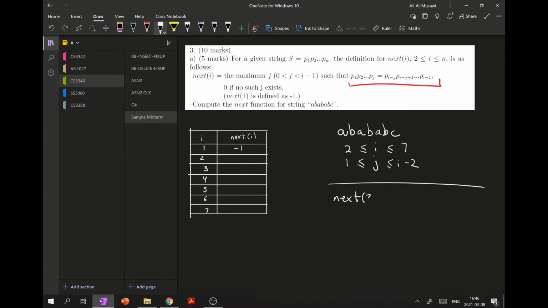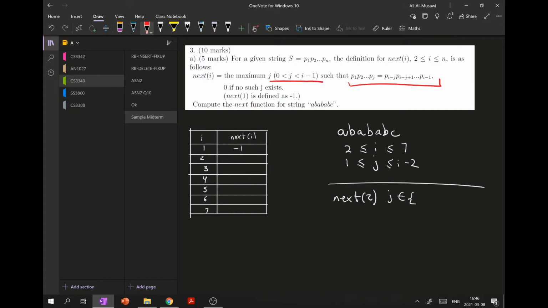Next of 2. With that, I can adopt this inequality so that j is in the range 1 ≤ j ≤ i − 2, where i is 2, so j is between 1 and 0 inclusive. And you see the inequality is reversed. Maybe this one is not so obvious.